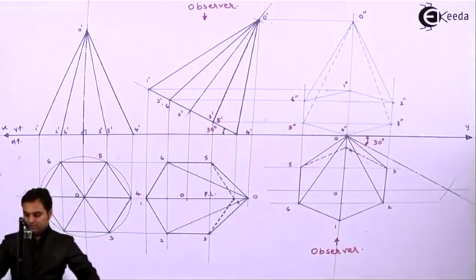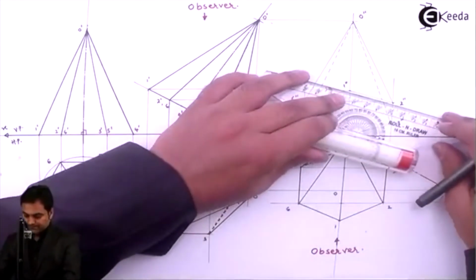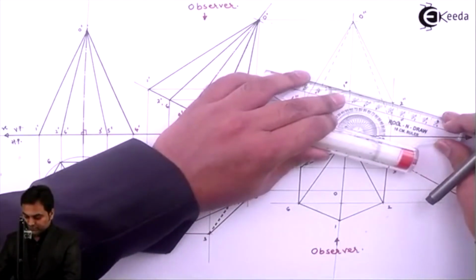Next, I'll make it dark. First, the base will be made dark, joining the points in order.